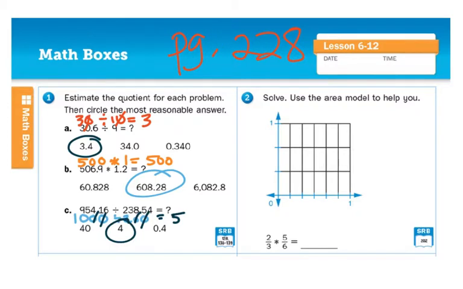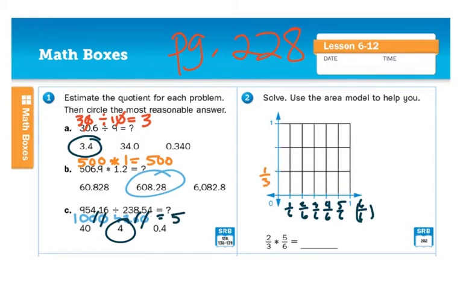All right, number 2, solve. Use the area model to help you. So again, remember, this is in 6 equal sections. So let's label it 1/6, 2/6, 3/6, 4/6, 5/6, and we know that 6/6 is the same as 1. 1 equal section, 2, 3, that's in thirds.